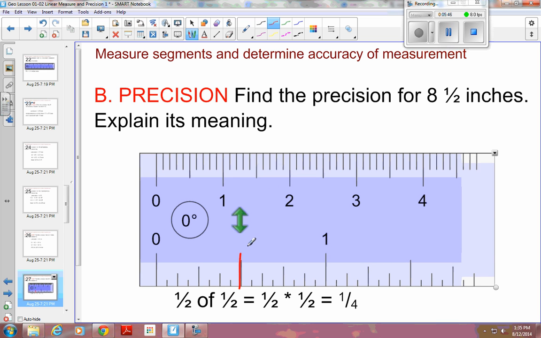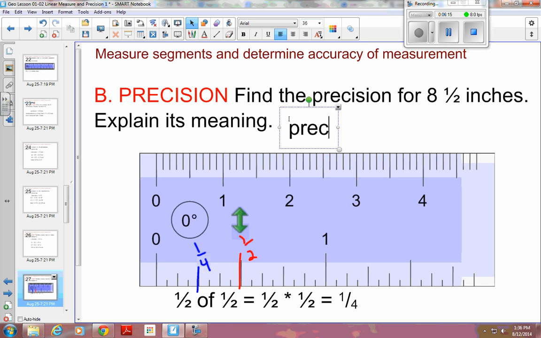That's 1/2. And then my 1/4 is right there. So half of a half is 1/4. So precision is equal to 1/4 inch.